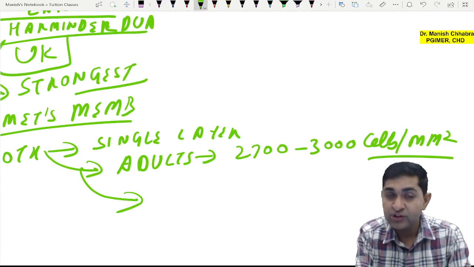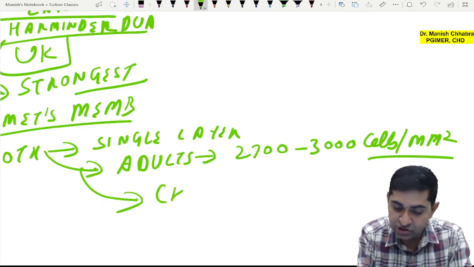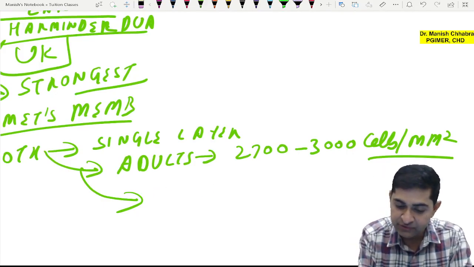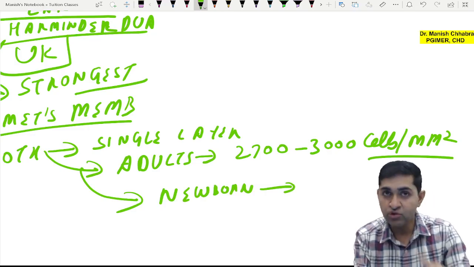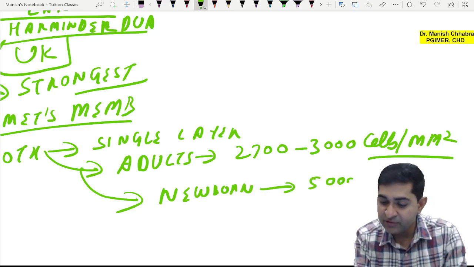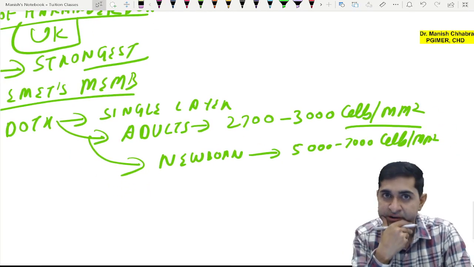But if we talk about its density in children or newborns, in newborns, it is 5000 to 7000 cells per millimeter square.